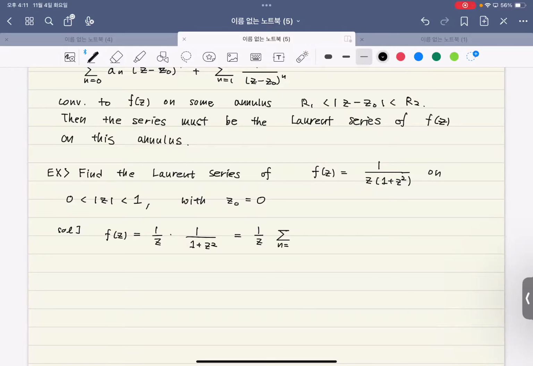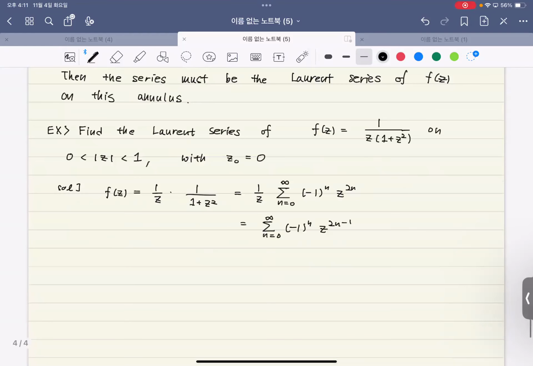This is the sum from n equals 0 to infinity of (minus 1) to the n, z to the 2n, right? So this is 1 over z minus z plus z cubed minus z to the fifth, and so on.